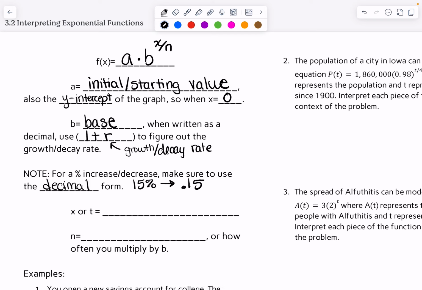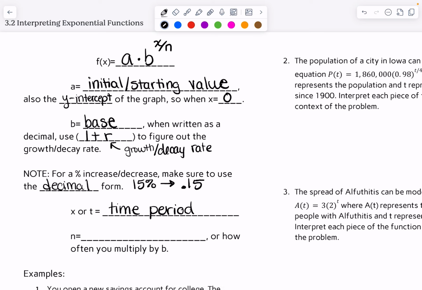Now here I have x or t equals, because a lot of times in this, we are using time in context, so sometimes we'll use t, but remember that this is our time period here, right? So how much time or how many x's are we looking at?